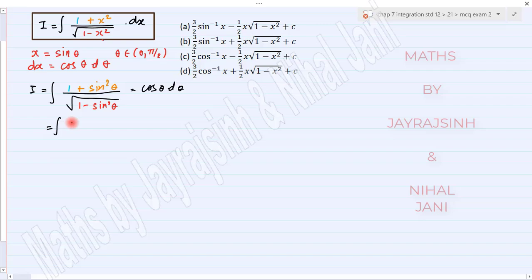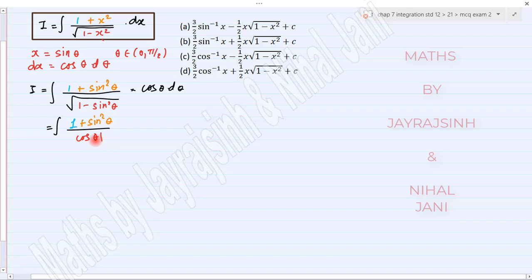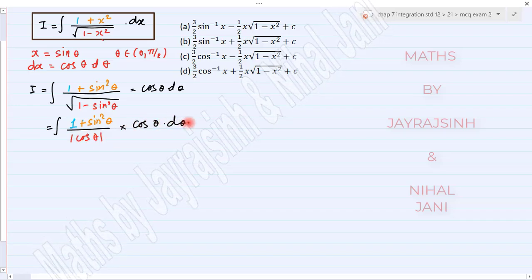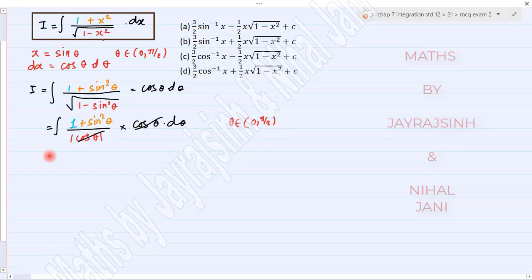So here the numerator will be as it is, and this under root of 1 minus sin square theta will become your mod cos theta, within the mod, into cos theta as it is. Now, our theta belongs to 0 to pi by 2. So, we don't have to worry about this mod. Cos theta will cancel out.